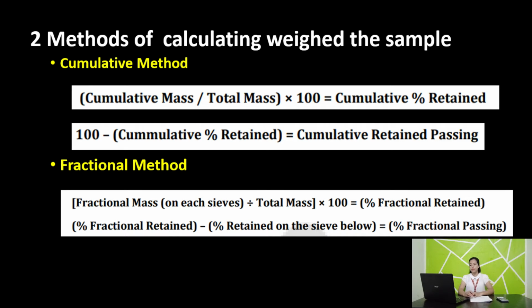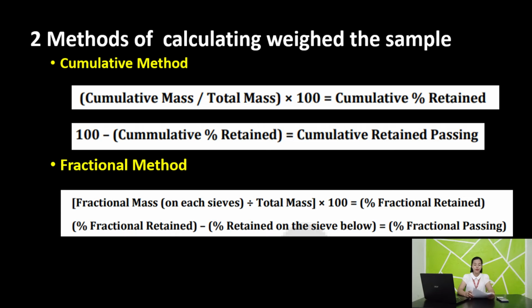While in the fractional method, its formula for percent fractional retained is the fractional mass on each sieve divided by the total mass times 100. For fractional percent passing, it is the percent of fractional retained minus the percent retained on the sieve below.